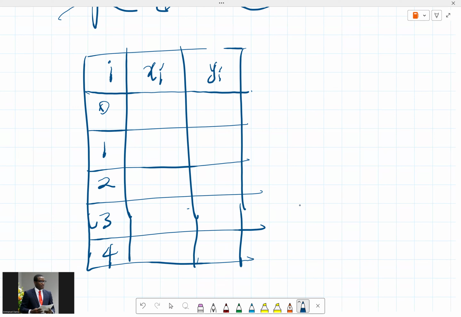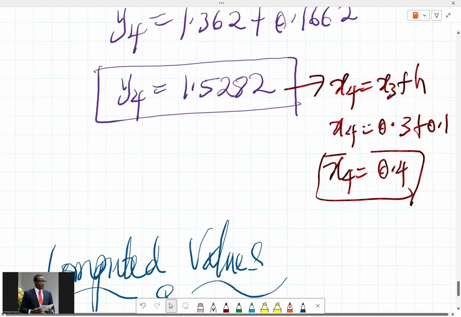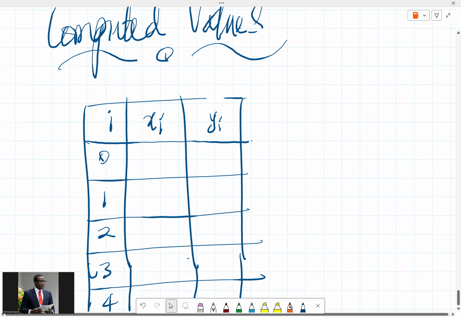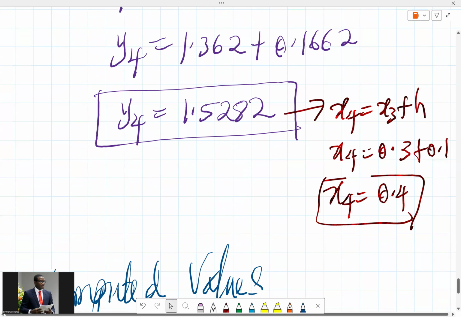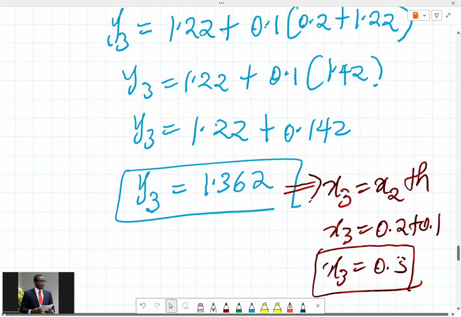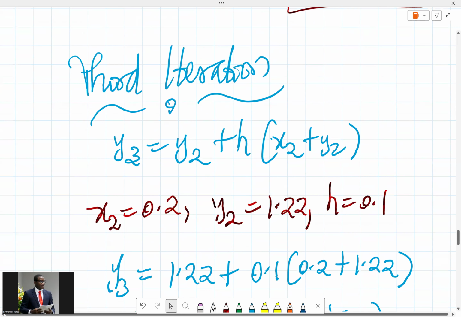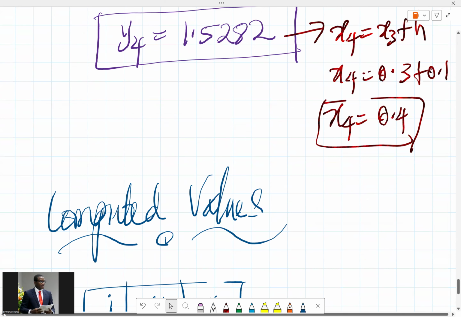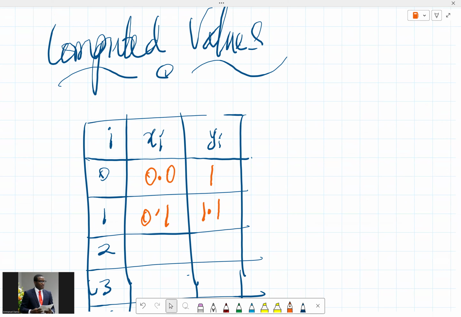So our x naught is 0 where we started, and y naught was 1. When we did the first iteration, x1 was 0.1 and y1 was 1.1. So this is 0.0, this is 1, this is 0.1 and this is 1.1.